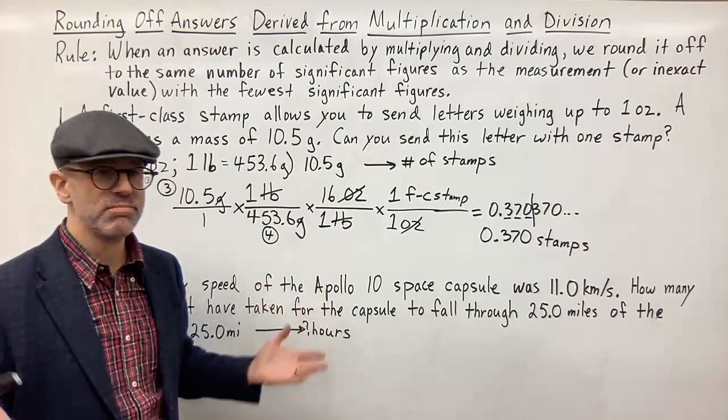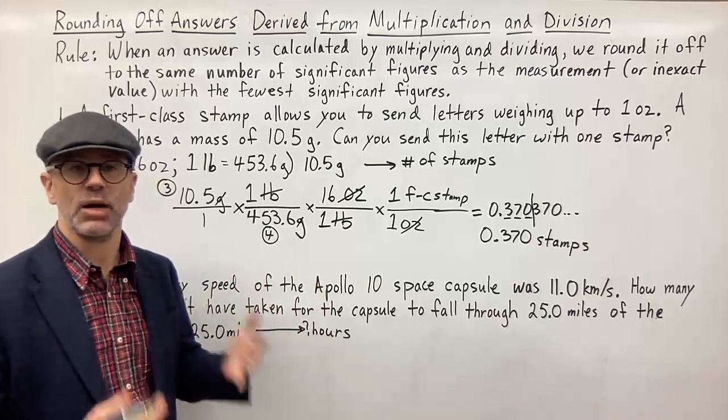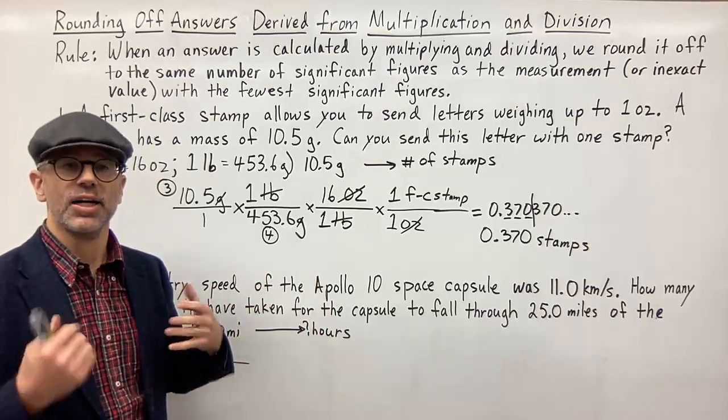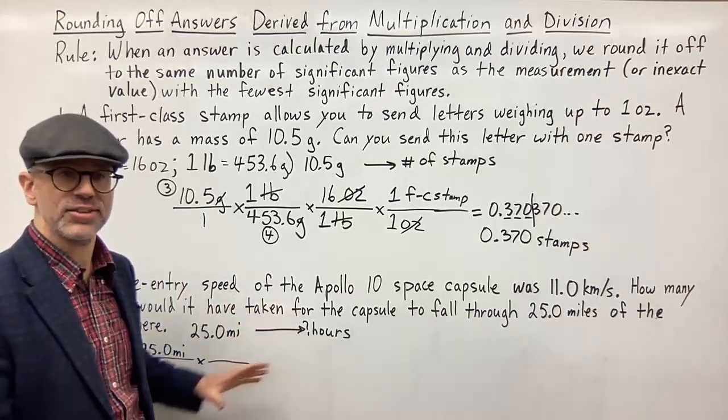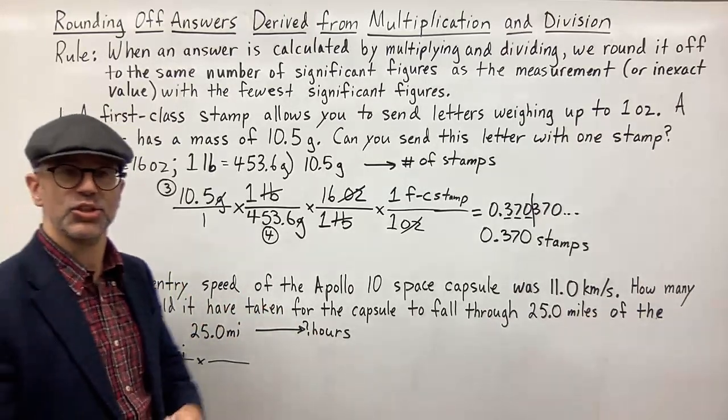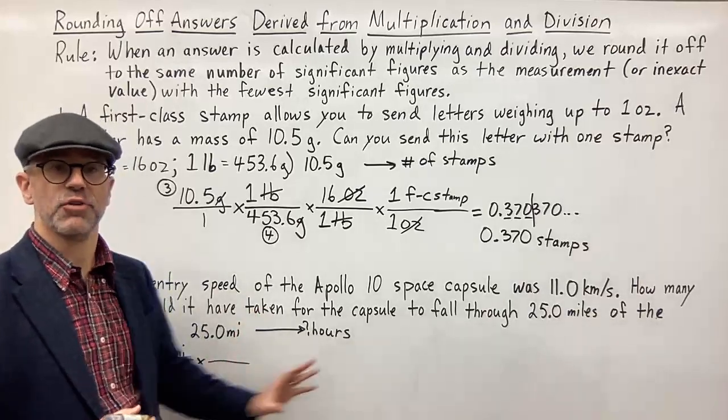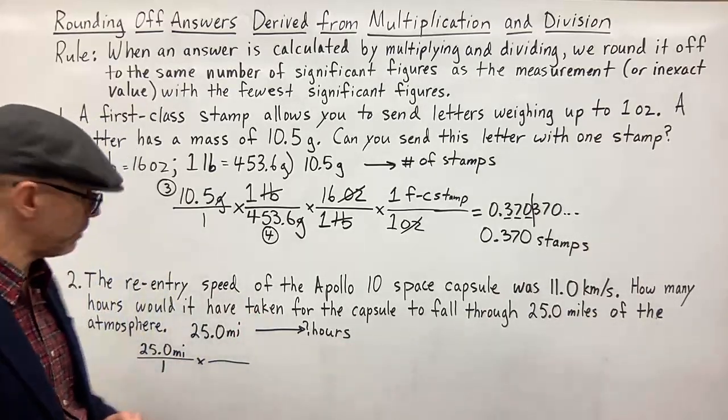There are several different ways you can do that depending on what conversion factors you're going to use. I'm just going to use some conversion factors that should be common to convert from miles to kilometers.